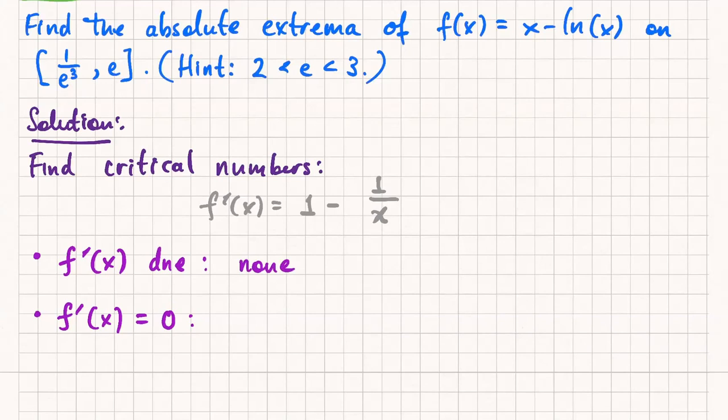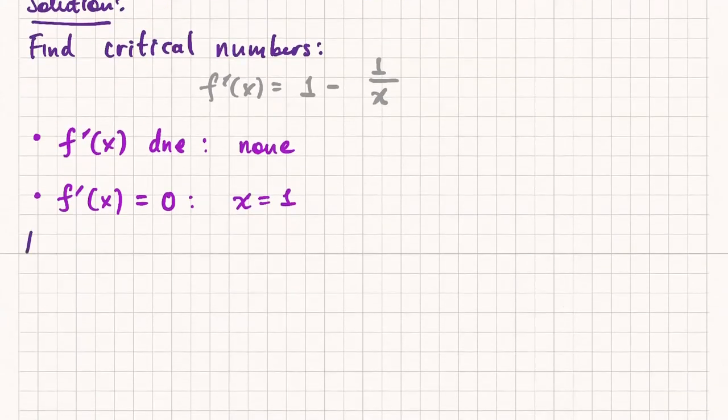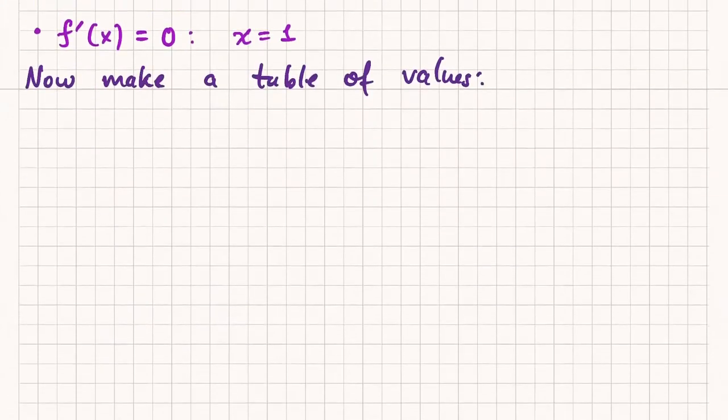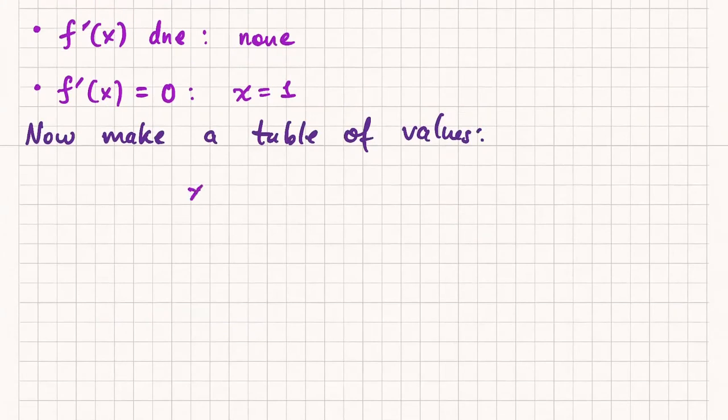Where is this derivative equal to 0? That's pretty easy. We can already see that it's just x equals 1. Okay, so now let's make a table of values. Which x values should I write down?